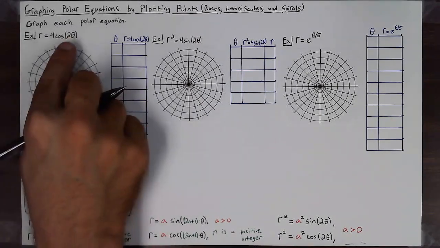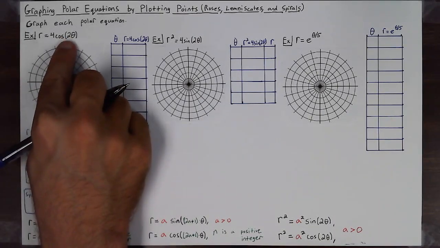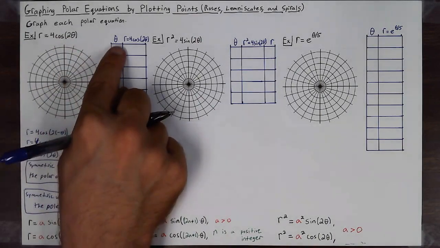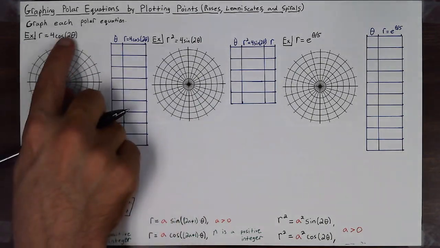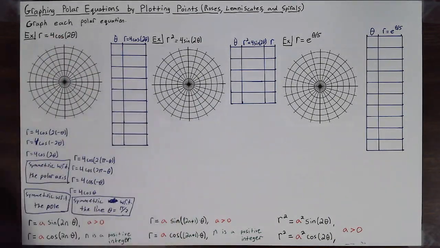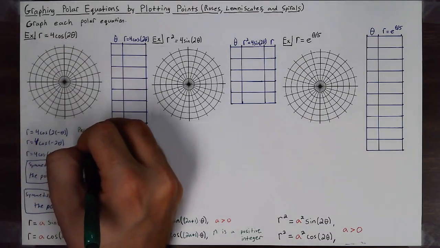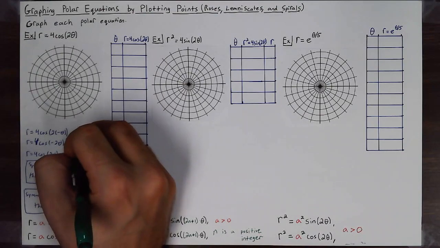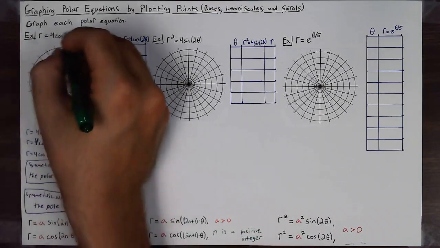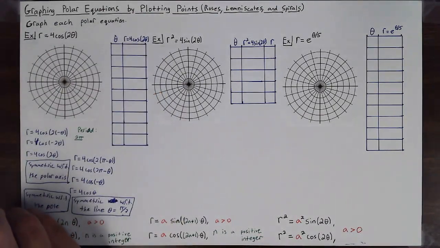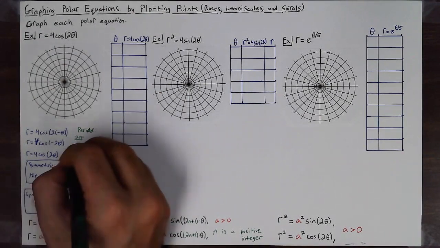But one thing I like to do whenever I start to get these 2 thetas on the inside, I'll actually just plot angles within the period of that trig function. Now, the period of a trig function is found by doing 2 pi over the coefficient in front of theta, which is like omega.